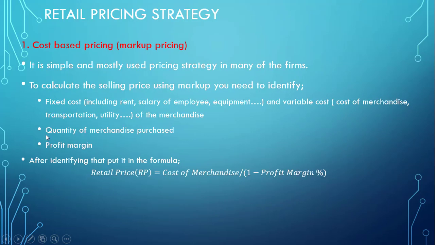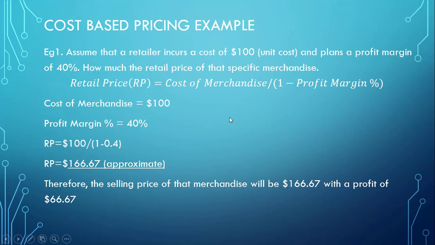We have not seen how you are going to use the quantity of merchandise in this example, but in the next example we will discuss how you are going to use the quantity to calculate your retail price.